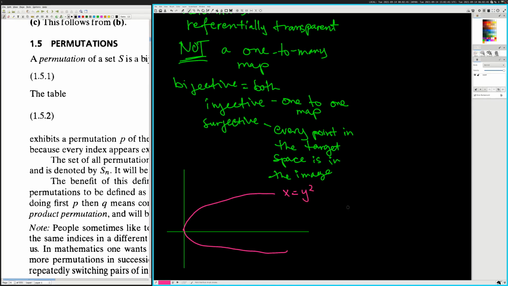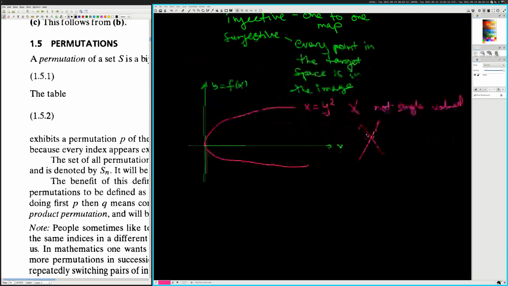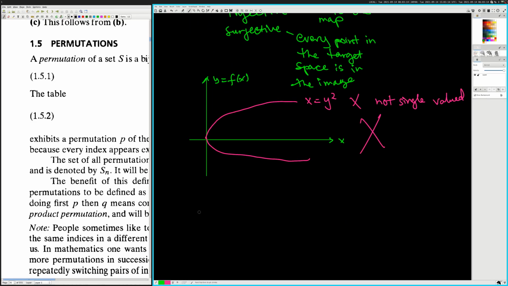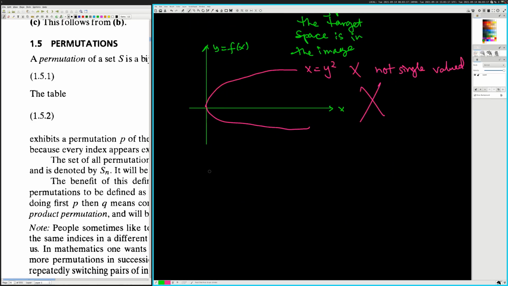This has two branches. If we're thinking of this axis as being x, and the y value as being the function applied to x, this is not a function, because it's not single valued. It's a one-to-many map. So this is not even a function.